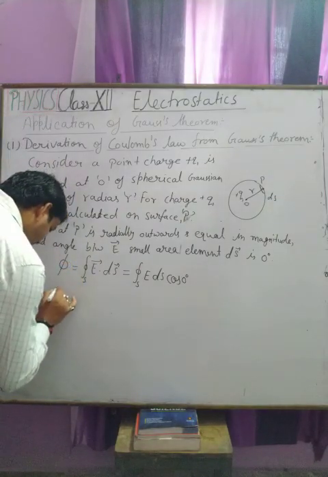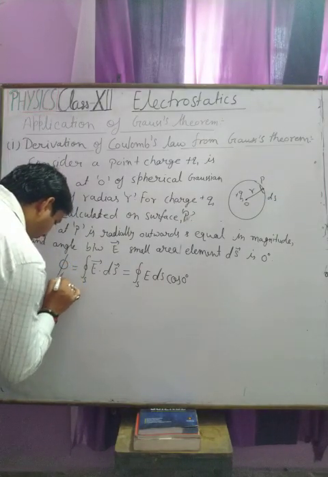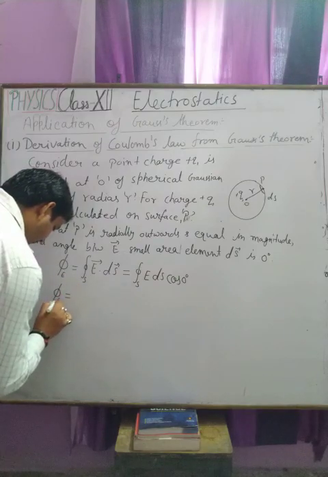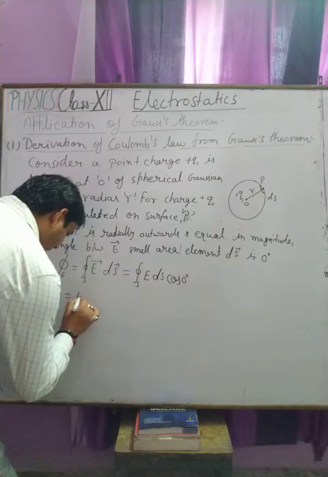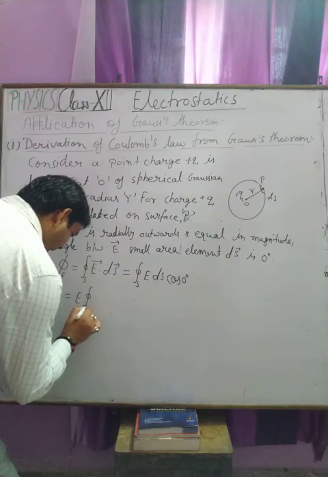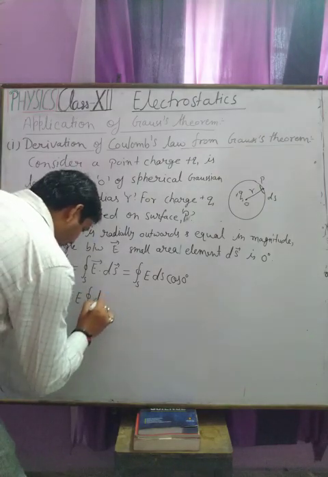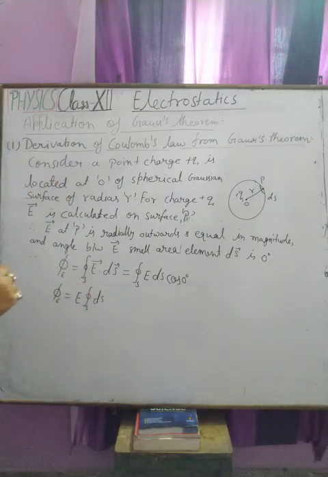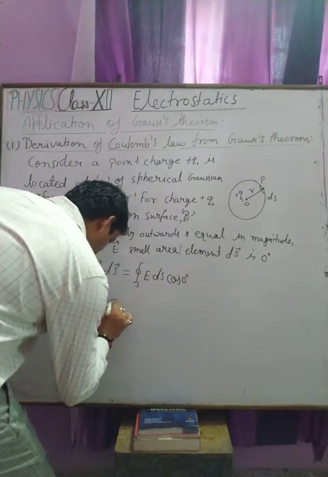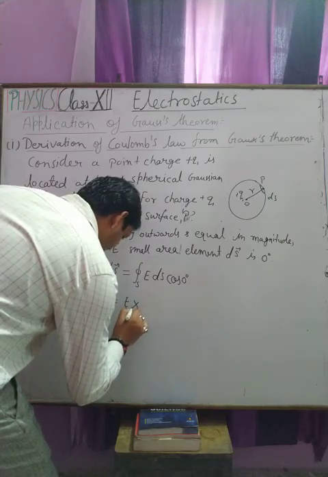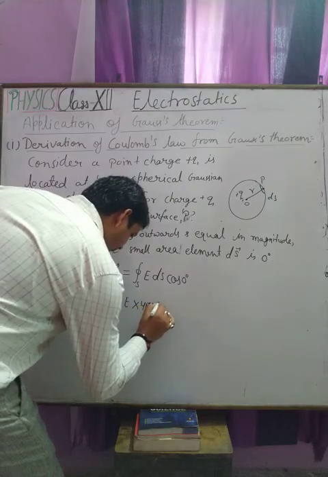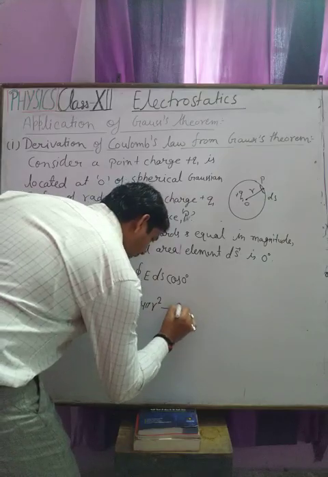Therefore, phi E is equal to E, a constant, times the closed integral of dS, and this value is 4 pi r square. Therefore, E into 4 pi r square, equation first.